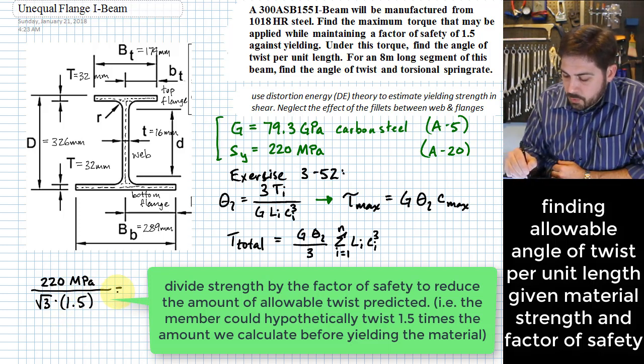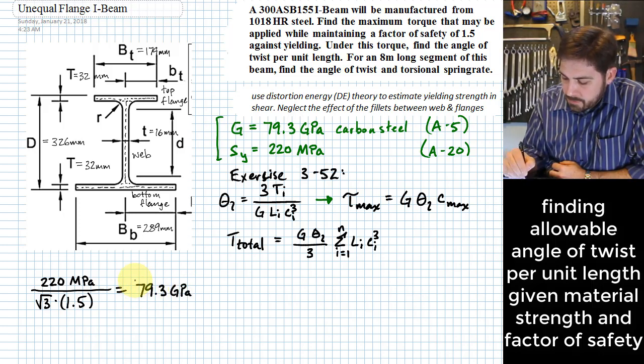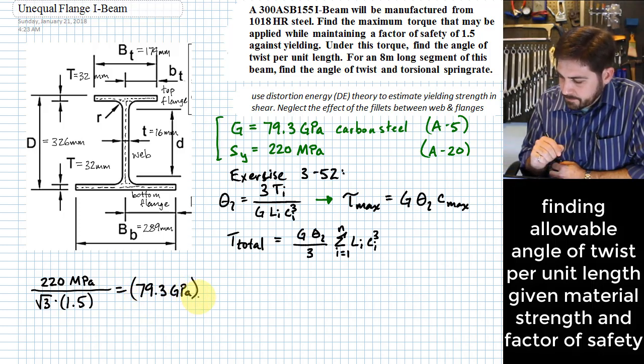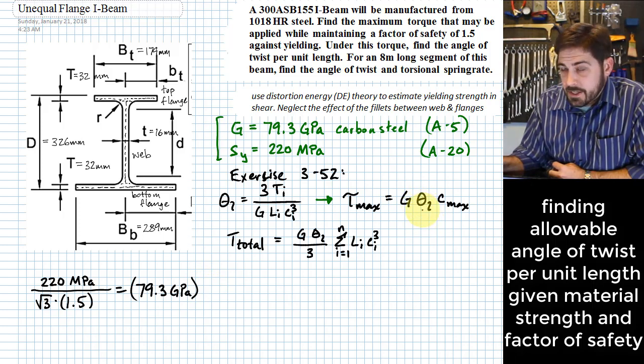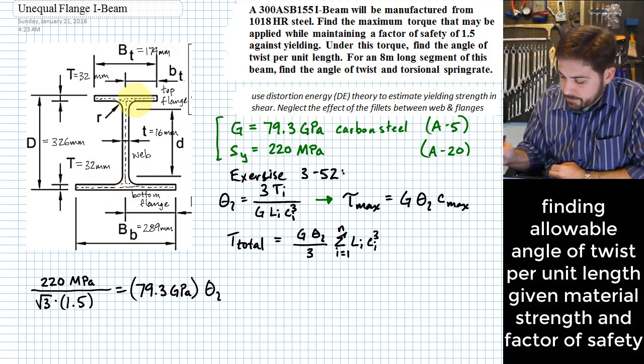Then we'll equate this, based on this equation up here, to the modulus of rigidity, which for this material is 79.3 gigapascals, multiplied by theta sub L, which is again the angle of twist per unit length, and then our maximum thickness of any of the segments here is 32 millimeters. That applies for both the top and the bottom flange.